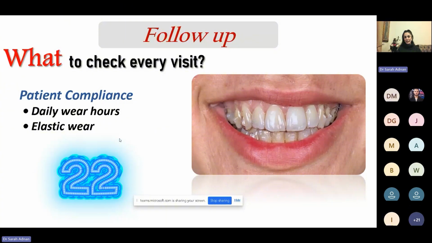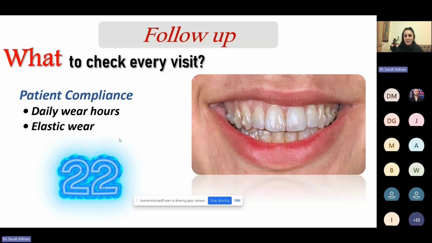If they don't want to make a real change, they are not internally motivated, they will not wear the appliance, and they come to you telling you that the appliance is not working, there is an issue in your treatment. Also, the patient should be instructed to wear the appliance at least 22 hours per day, 20 to 22 hours per day. But you tell them 22 and they will wear it 20 because they will remove it themselves.